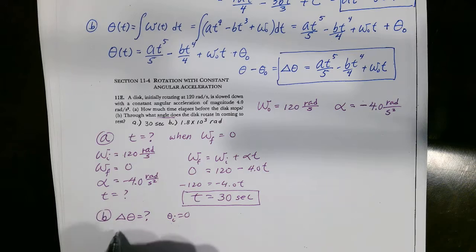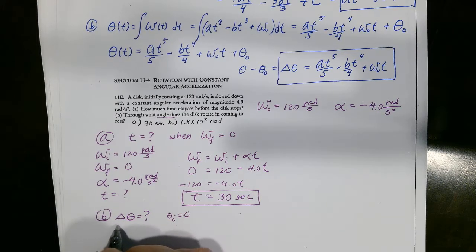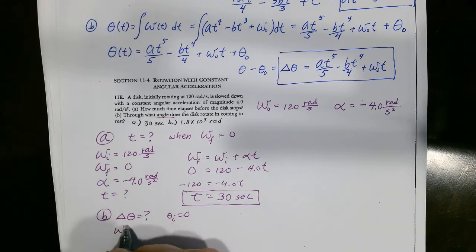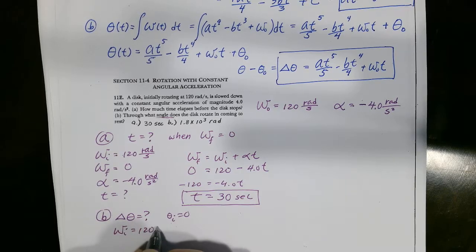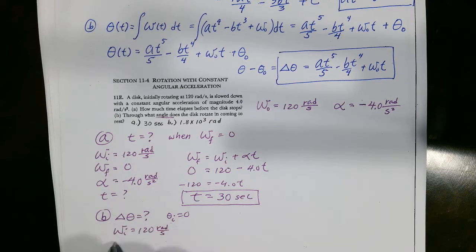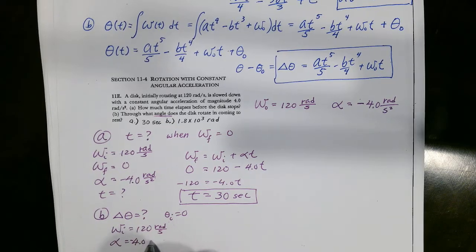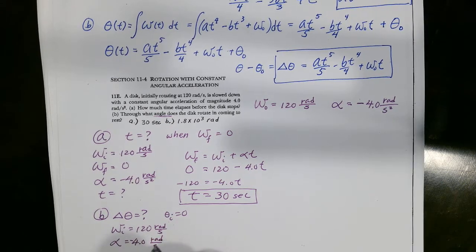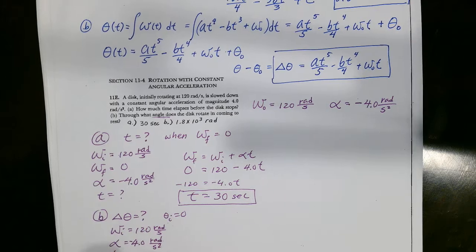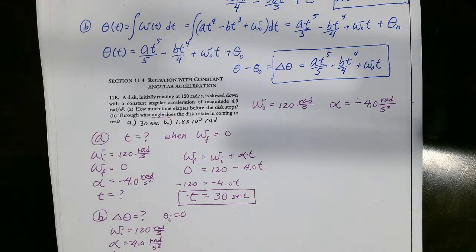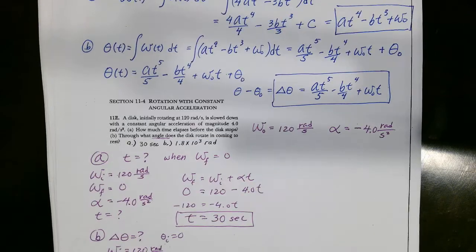We also know that omega initial is equal to 120 radians per second. We know alpha is equal to negative 4.0 radians per second squared. We know time now is equal to 30 seconds, right? So we could figure this out.